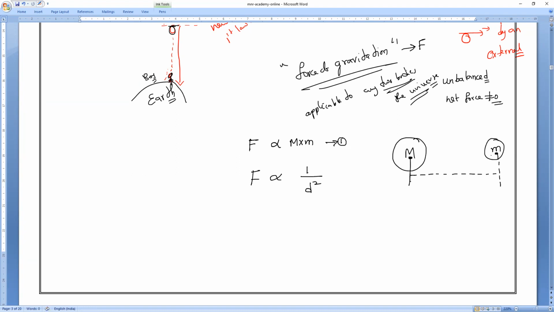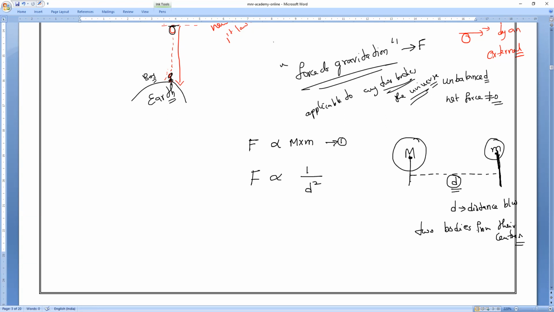If you find the distance between them from the centers, that is what we call D. Calculate the distance between the two bodies from their centers. The distance between two bodies from their centers is what we call D.